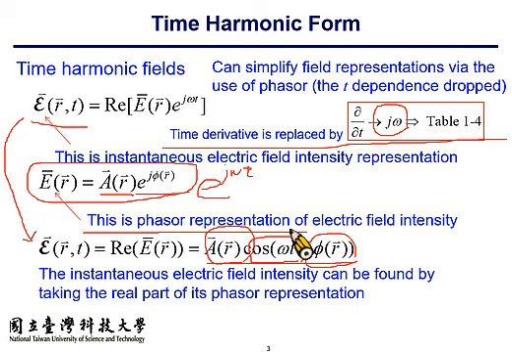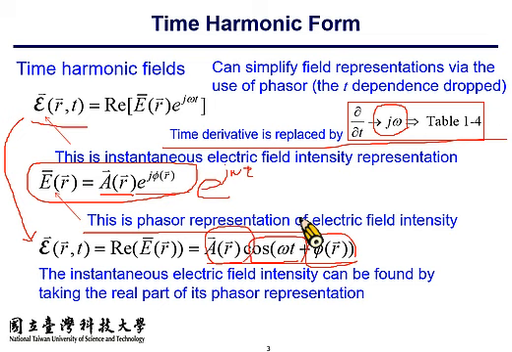Okay, so it's more convenient and simpler to work out those electrical field and magnetic field in the phasor form. You don't have to write up all the exponential j omega t or cosine omega t terms.